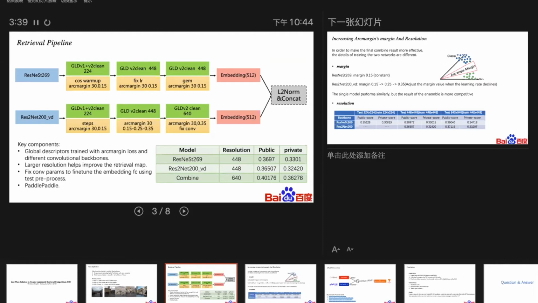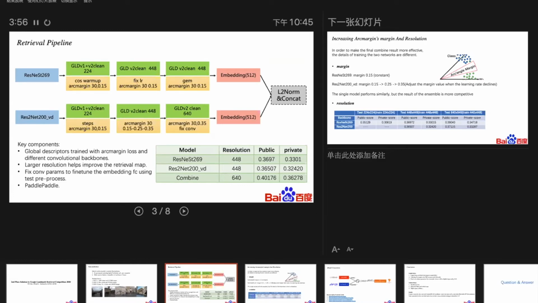In the final result, ResNeSt 269 with 448 resolution is 0.3697 in public and 0.3301 in private.